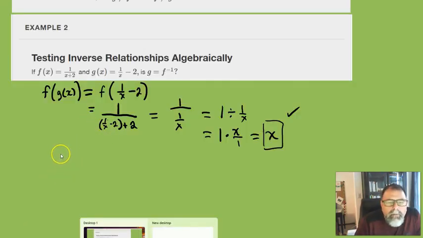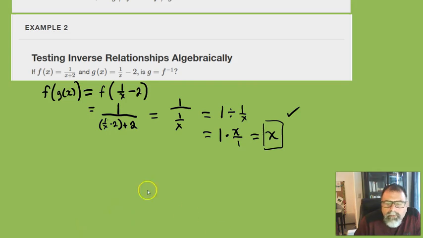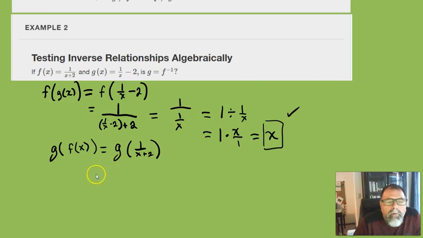Okay, so if we're going to test the other direction, it'll be g of f of x. So f of x is 1 over x plus 2. And g is the 1 over x minus 2. I'm going to put a blank parenthesis where the x is, minus 2.